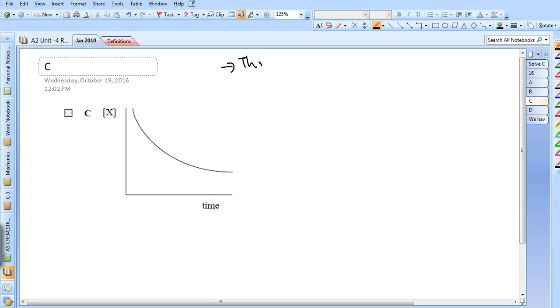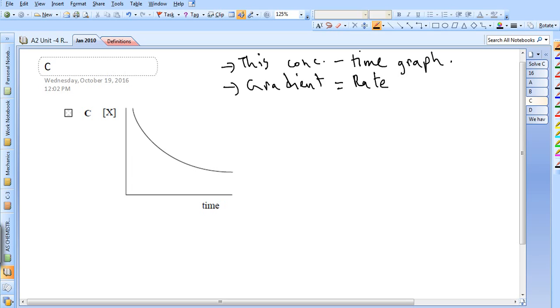This is a concentration time graph. What does the gradient give us? The gradient is simply rate, since this is a concentration time graph.